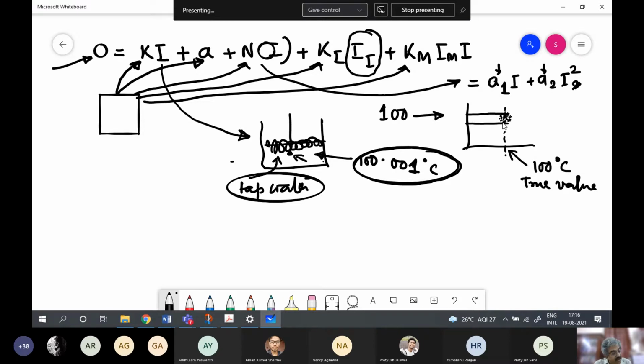So there can be some variation in I, even if we try to think that we are measuring the same input variable, and there can be variations in interfering and modifying inputs.